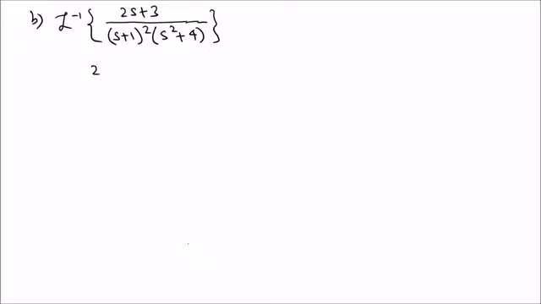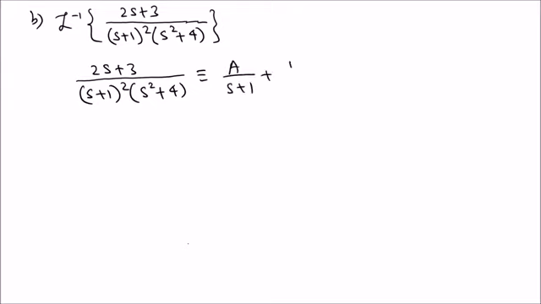So we can start with 2s plus 3 over s plus 1 squared, and then s squared plus 4. This is identical to, when you have a repeated linear factor, we can start with the smallest one and then the next largest.